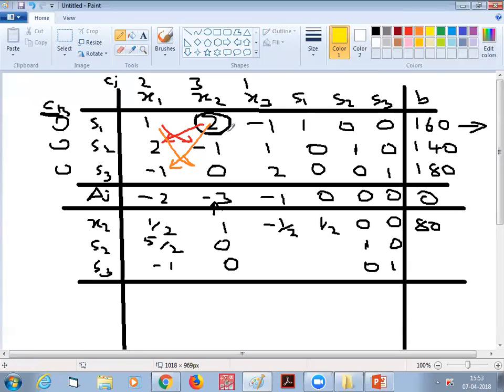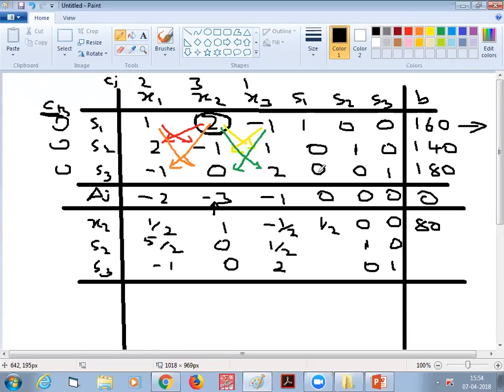Next one is 2 into 1 minus 1 into minus 1. So 2 minus 1, which is 1 divided by 2. So 1 by 2. Next one is 2 into 2 minus 1 into 0. So 4 minus 0 is 4 divided by 2 is just a 2.